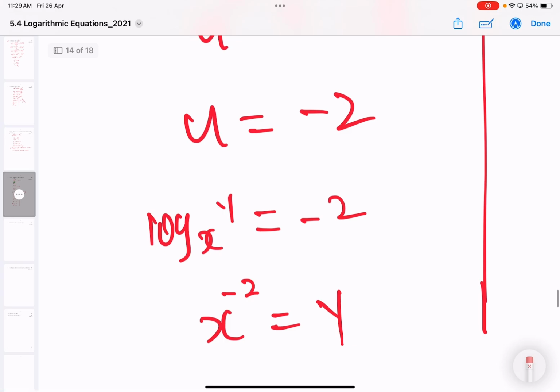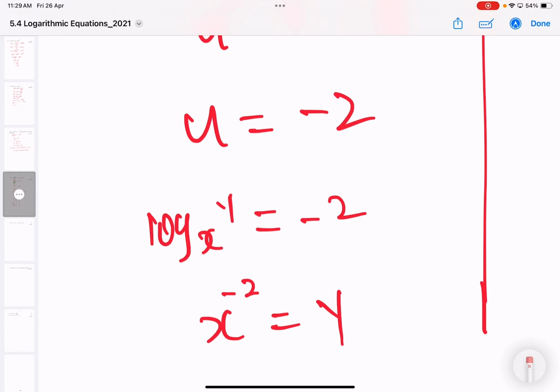Then I replace my u, because I let u be log base x of y, which is negative 2. I need to change this back to the index form. My base of the index is also x. I raise it to the power of negative 2, and my answer is y.